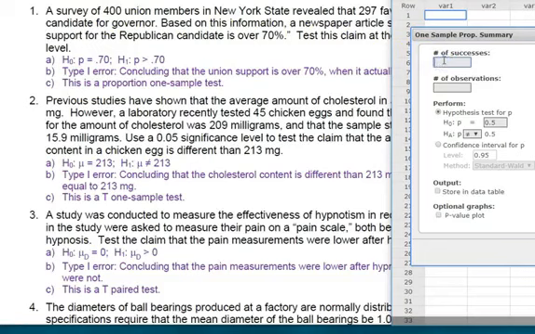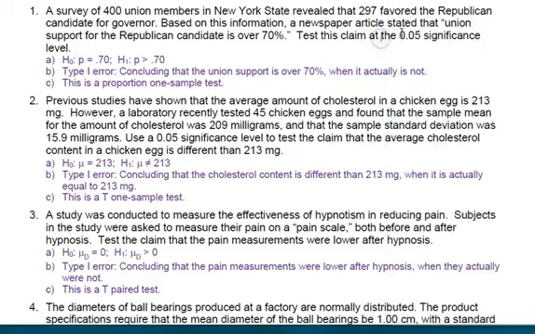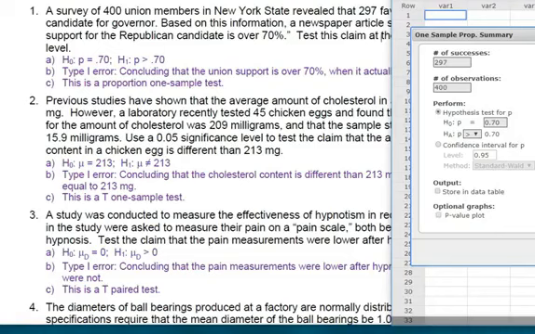Our number of successes is the 297, and then our number of observations, that's the sample size, would be 400. We're doing a hypothesis test, and we want to use the 0.70 for p, and our alternative hypothesis had a greater than. Remember, when you're doing this in StatCrunch, you don't ever put in the significance level into StatCrunch.